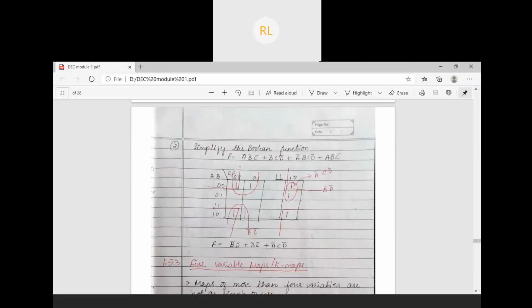Here you have it in ABC format, but actually it is ABCD format. It is not in standard form. So you have to bring it to standard form, then start filling up the squares, group the squares, and get the final equation. Is that clear, students? Sayan, have I cleared your doubt? Yes, sir.